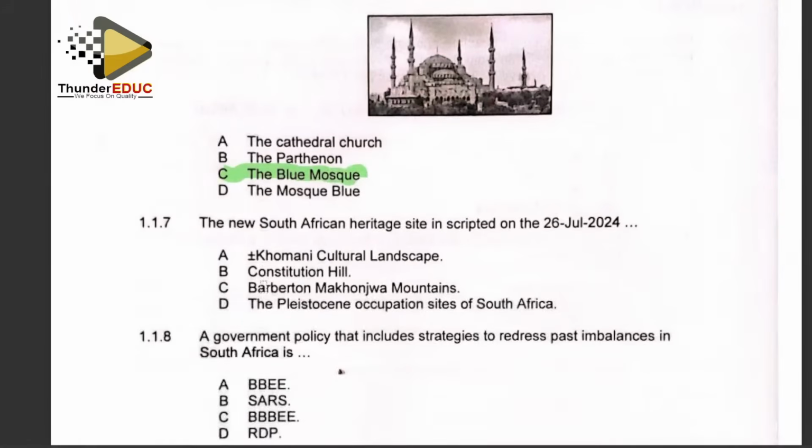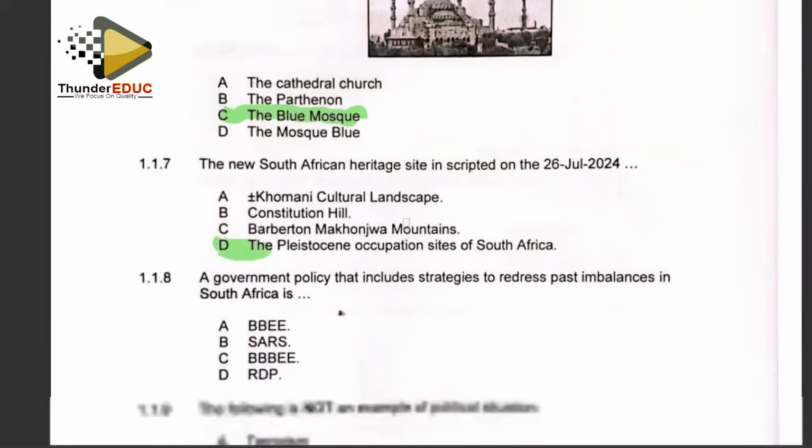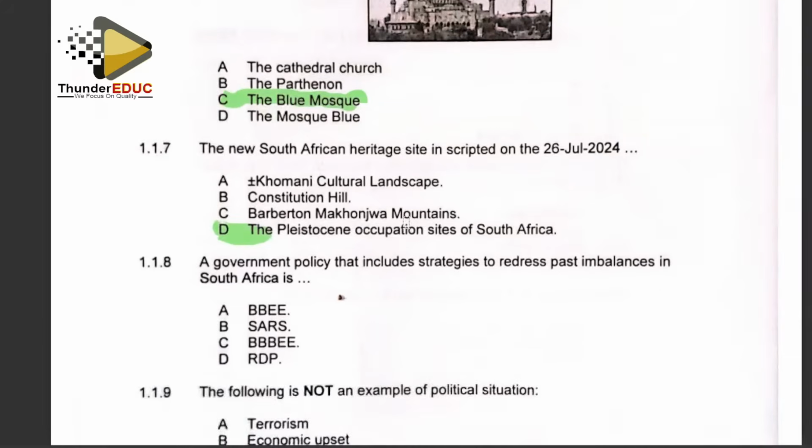Then 1.1.7, the new South African Heritage Site inscribed on the 26th of July 2024 is known as the Pleistocene Occupation Sites of South Africa. That is the new World Heritage Site.